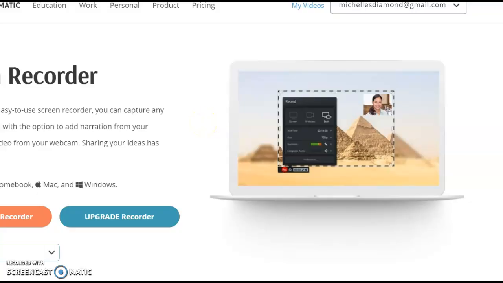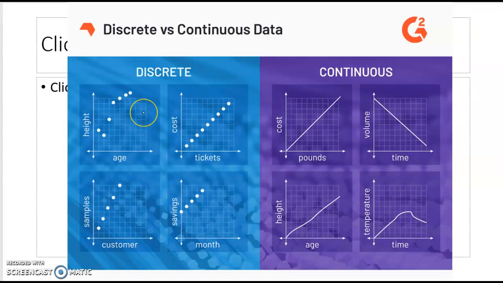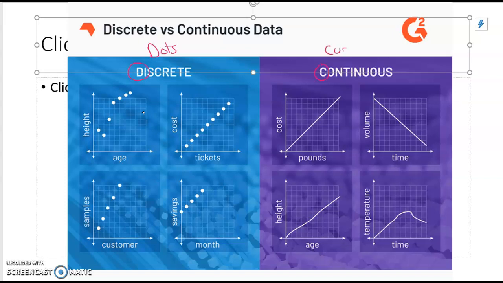So anyway, discrete, you're going to have your dots or specific points, and then continuous, lines or curves. And that might help you remember which one's which. A lot of the functions that we did, with linear, with quadratic, are all continuous. A lot of the things we graph in statistics are discrete.